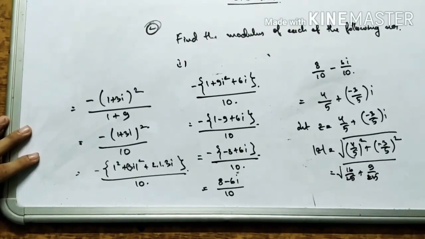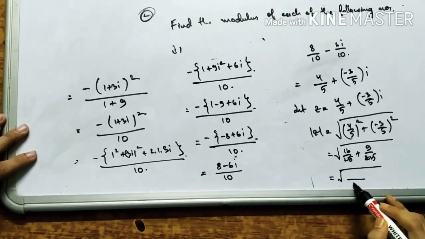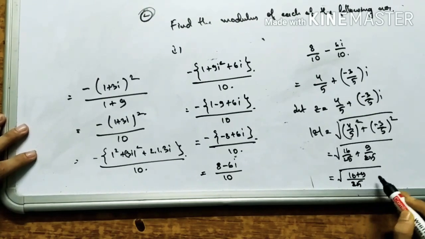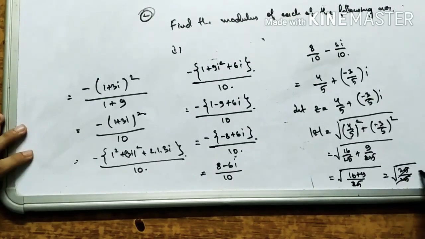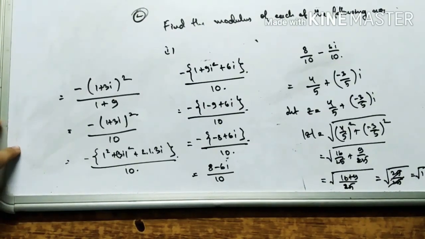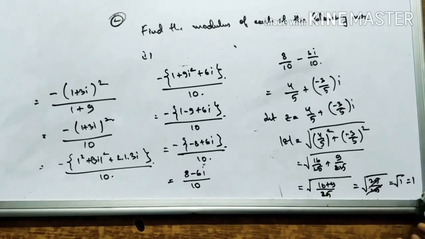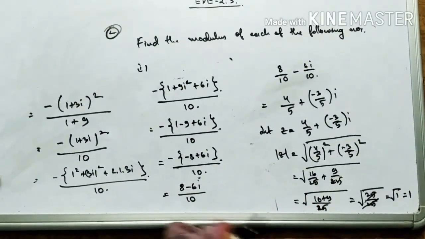Now if I take LCM I will get 25, and 16 plus 9, which is equal to root over 25 by 25. This one cancels, ultimately root over 1, which is equal to 1. Understand? So the modulus of z I got is 1. Okay, number i, it was a little bit lengthy, so in this way you can do.